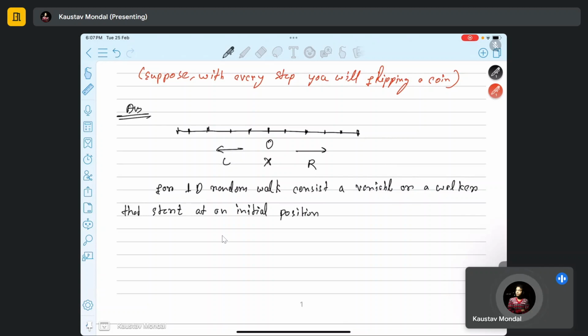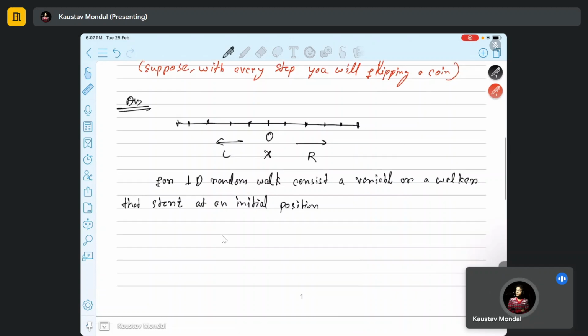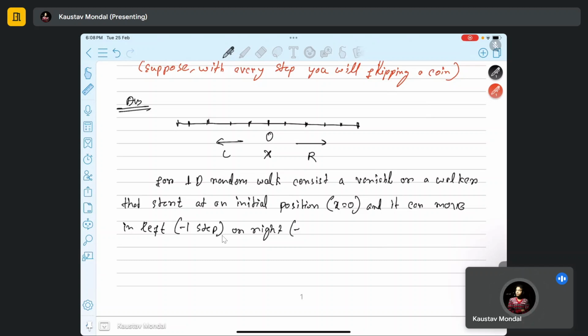Here the initial position is the origin, that is x equal to 0, and it can move in left, that is -1 step, or right, that is +1 step, at each time with equal probability.